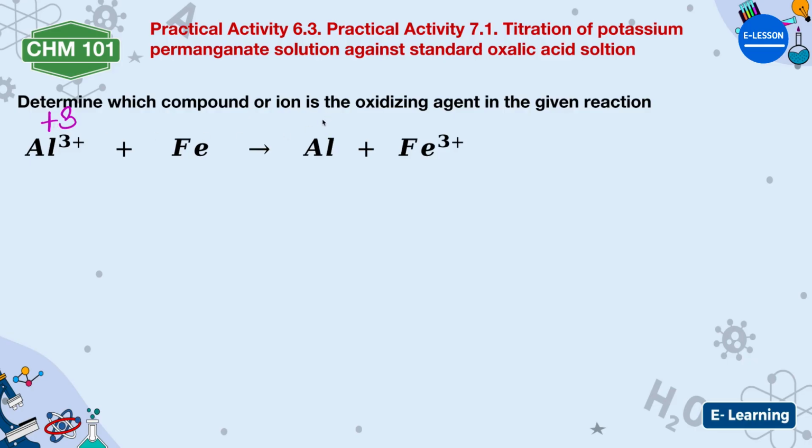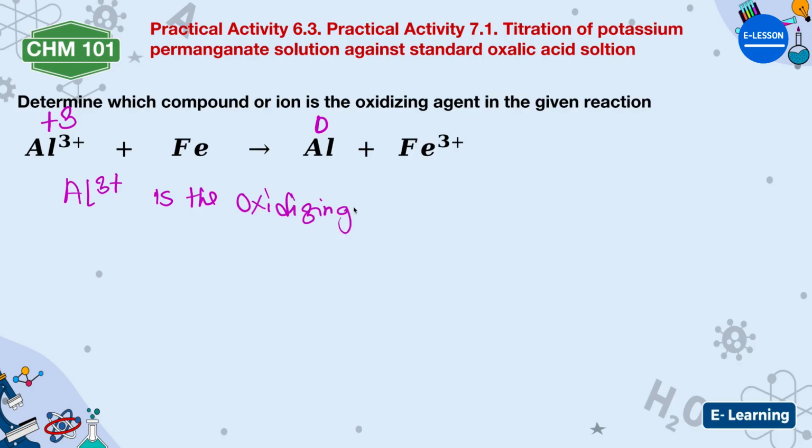But the oxidation number of aluminium here is what, my dear students? 0. So it means the oxidation number of aluminium reduced from 3 to 0. And if it reduced from 3 to 0, I told you that the oxidizing agent is that agent that is being reduced. So it means aluminium 3 plus is the oxidizing agent. This is the oxidizing agent.